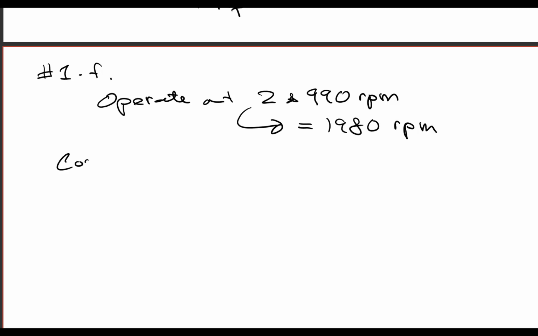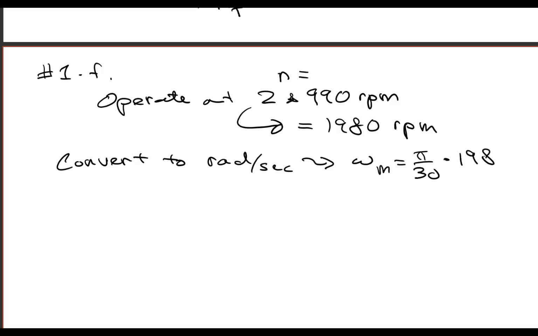Let's convert this to radians per second. The mechanical speed in radians per second is going to be pi over 30 times 1980, which is 207.435 radians per second.